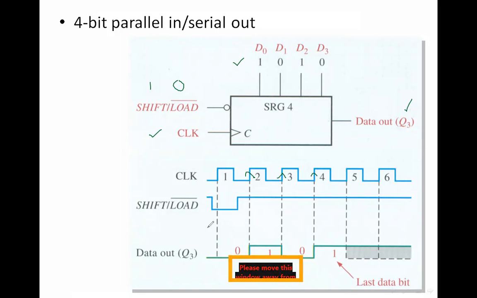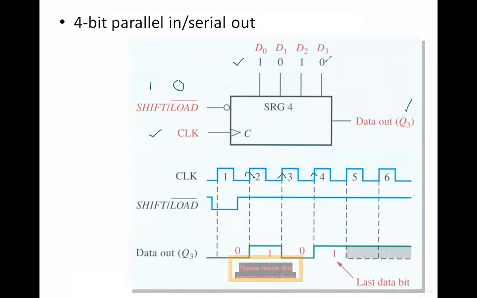So based on the operation of shift and load, okay, so based on the high value and low value, it can either shift the value or it can directly take the values from the inputs which were given D0, D1, D2, D3. So you can see that we have 0, 1, 0, 1, 0, 1, 0, 1, right? So those are actually appearing across your outputs, right?